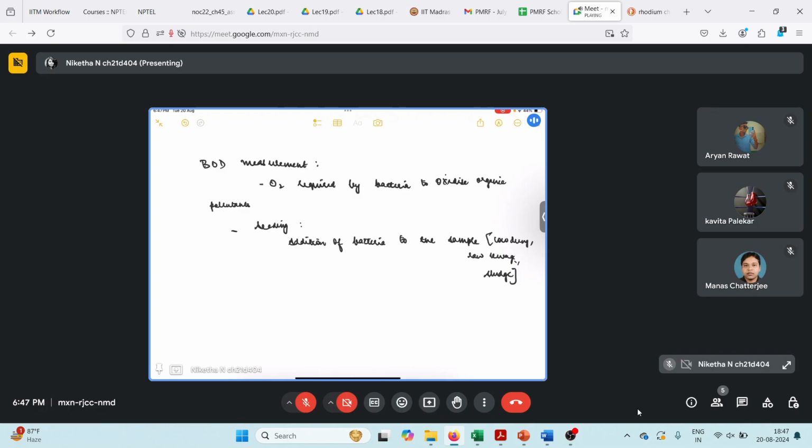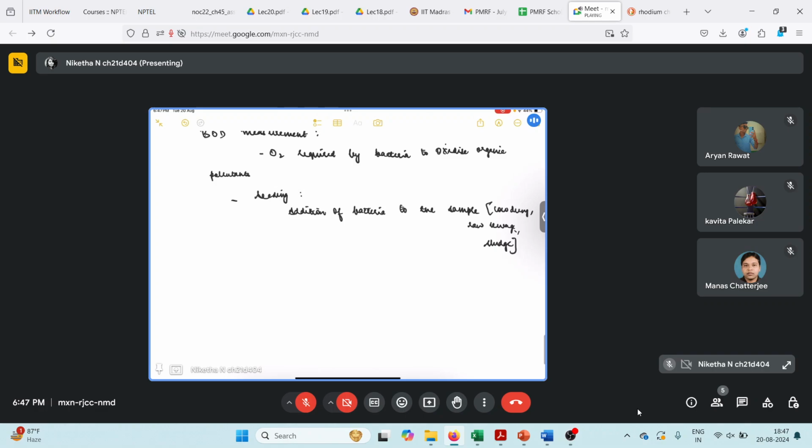So all this will be having bacteria. So some of that is taken and it is added to the sample. Why we do this is because if we don't have any bacteria, then there won't be any oxidation. So if there is not going to be any oxidation, then there won't be any oxygen demand. So in order for the reaction to take place, we need bacteria there. So that is why we are supplying it externally. So this method is called seeding.